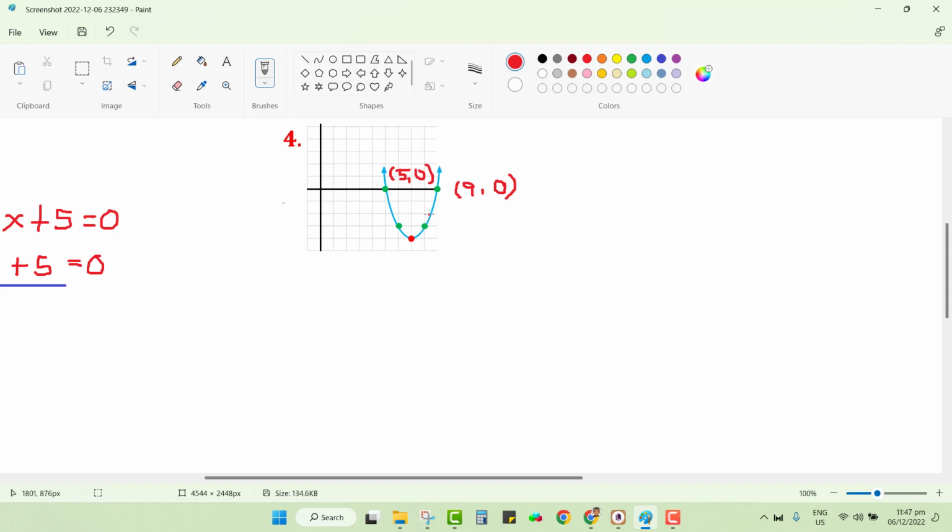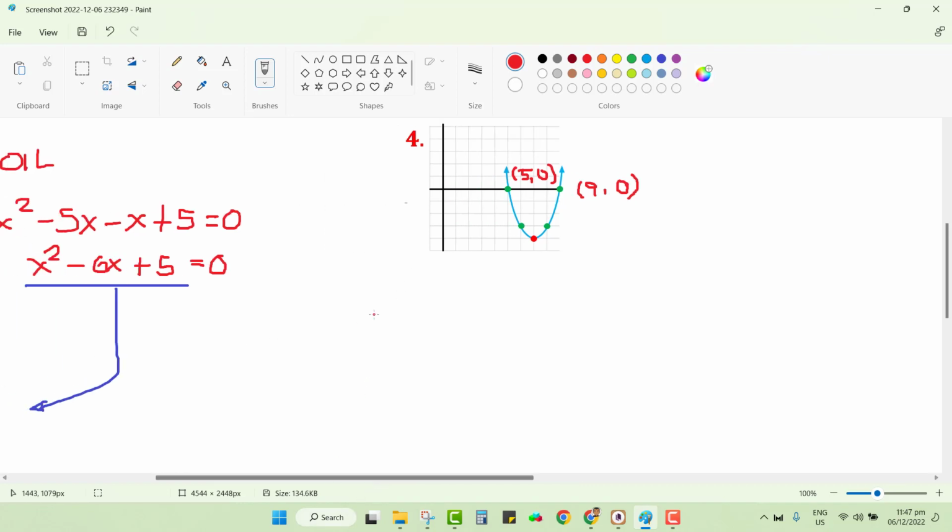But in case that we cannot solve them, we need to use the second form. We need to use the form where we use the vertex to get this standard form of quadratic function. But first, let's differentiate it by sticking to the first process that we know, using the intercepts.